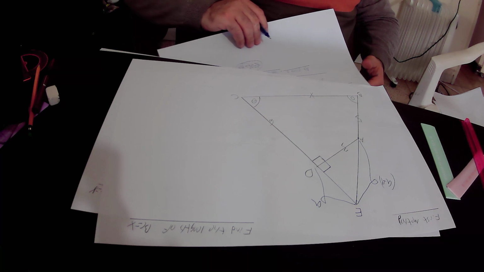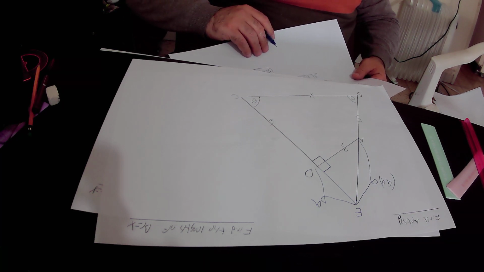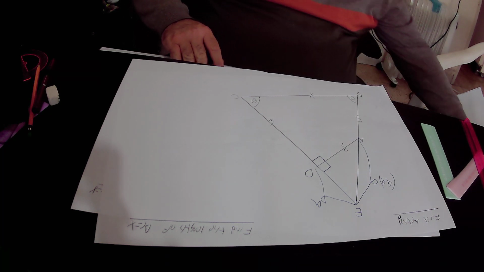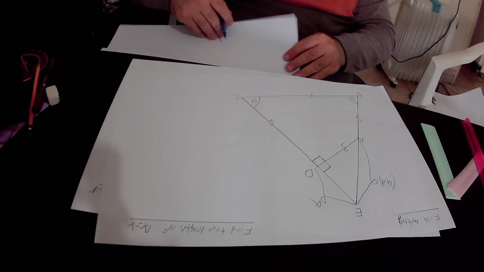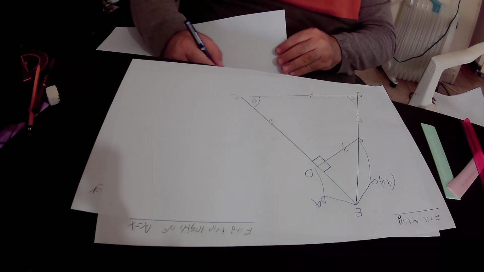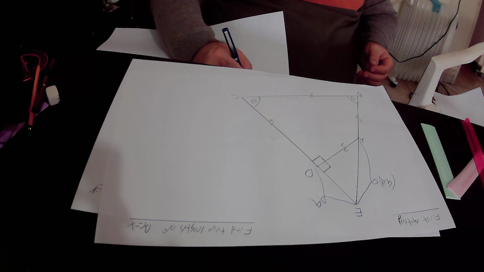So in the right triangle EDA, according to the Pythagoras theorem, the square of the hypotenuse equals the sum of the squares of the perpendiculars.